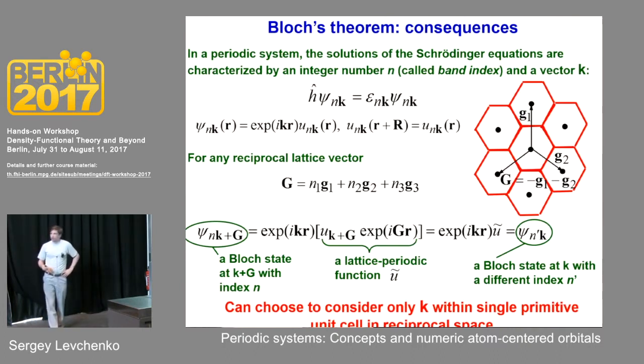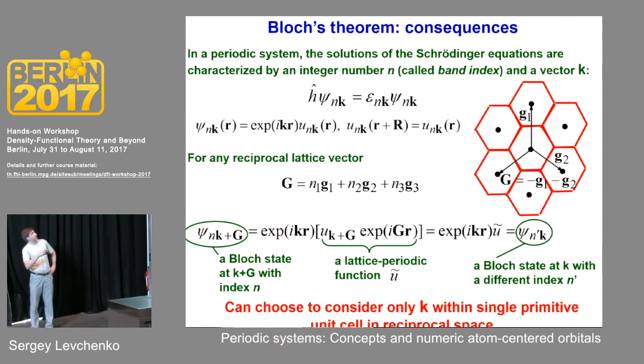So far, there is no simplification, right? We just see that the wave functions can be represented in a nice way, some phase times the lattice periodic function. But we still have an infinite number of states and an infinite number of k points. Well, the first simplification comes actually from Bloch's theorem.